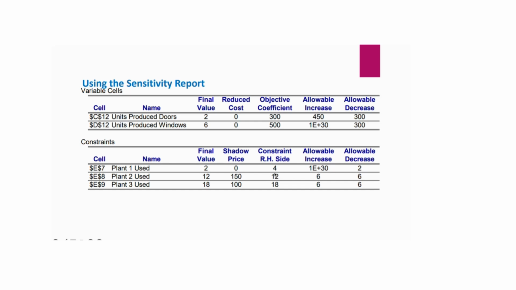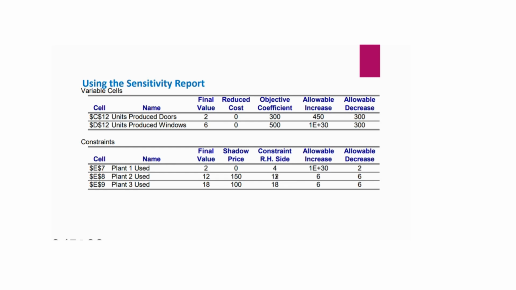If we change this to 19, the shadow price of 150 will no longer be valid. It's no longer applicable.